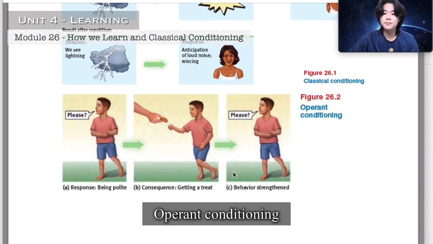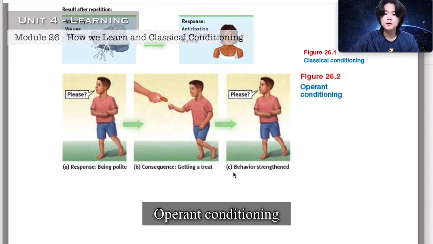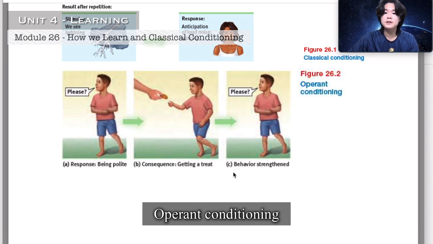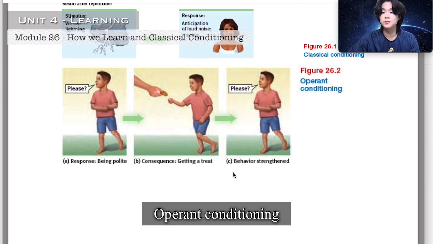So this is operant conditioning. A conditioning that happens after a boy or a girl or anybody else is given a response as a consequence of developing a certain type of behavior, and then this type of behavior will occur more often because this subject is going to anticipate the treat or the reward that they had gotten by showing this behavior, and they want it because it's desirable, such as a candy for a little boy, right?